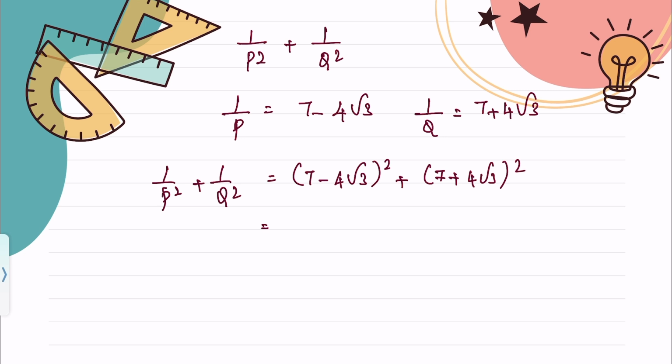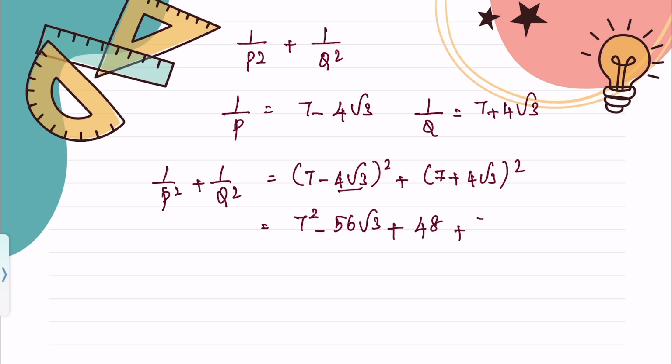So I expand this, so it's going to be 7 square minus 2ab. Minus 2ab will come: 7 times 2 is 14, 14 times 4 is 56, so 56 root 3, plus b square. So 4 root 3 is the b value. 4 root 3 is 16 into root 3 the whole square, which becomes 48.